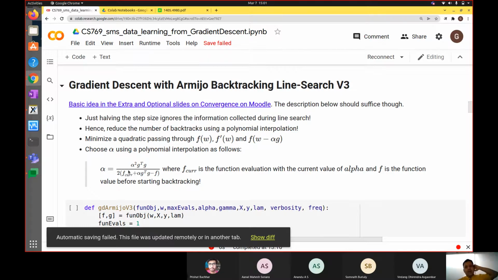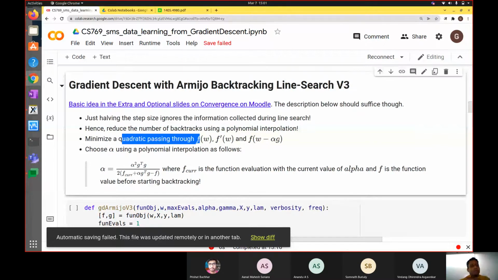What is current? So I'm doing some polynomial interpolation to get my alpha, minimizing, passing through f(w), the derivative of f at w, and f(w - alpha g). This is okay.